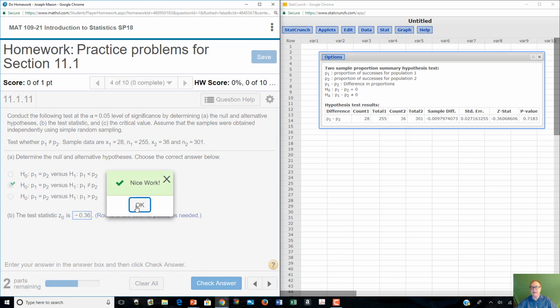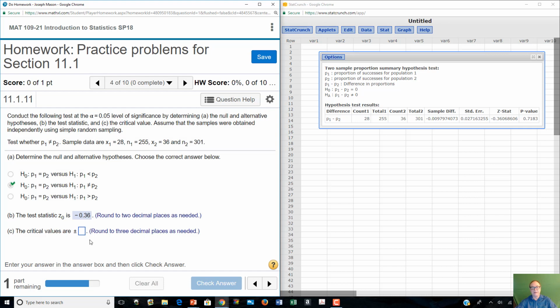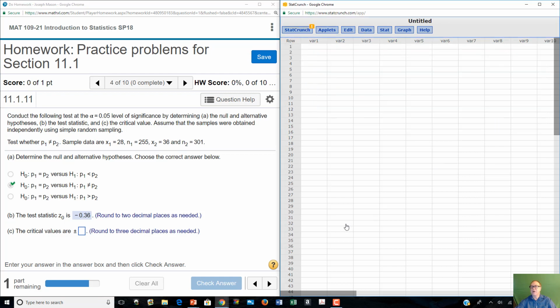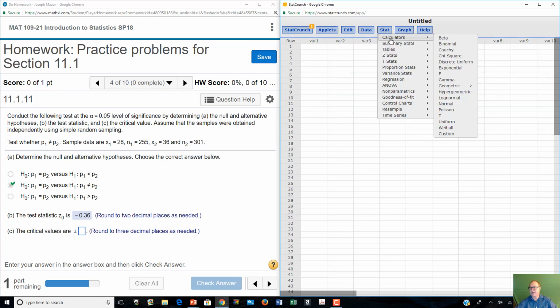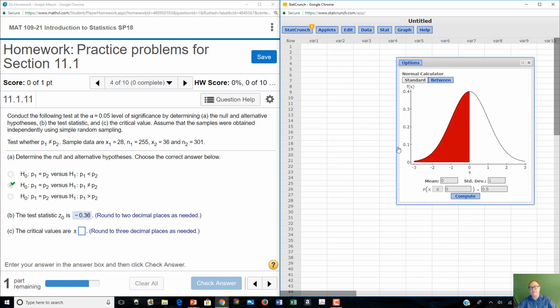Now, the next part, they wanted the critical values, plus or minus. Now it says round to 3 decimal places. Since this was a 2-tailed test, we have to realize we're going to use the normal calculator. So you're going to go under calculators, normal. I want to find the area to the right of the critical value.